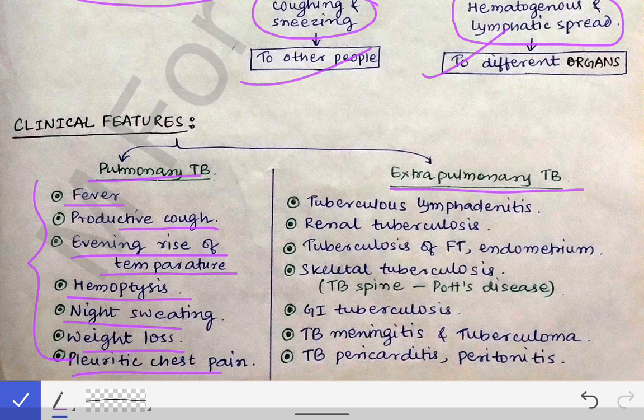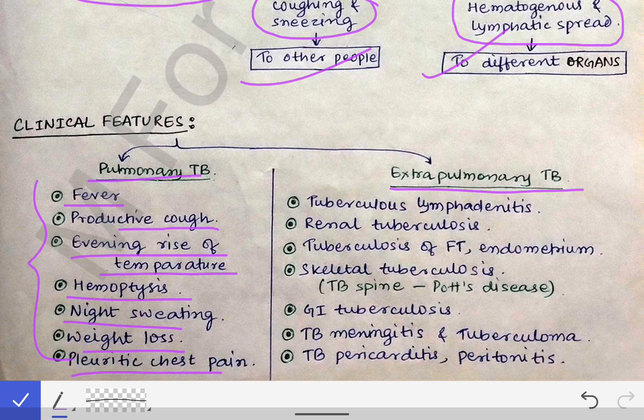So suppose you are given a case that a 56-year-old male comes to your OPD with a productive cough and evening rise of temperature and hemoptysis, then what is your clinical diagnosis? Then right away you have to diagnose it as a case of pulmonary tuberculosis.